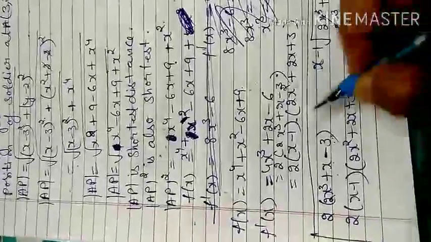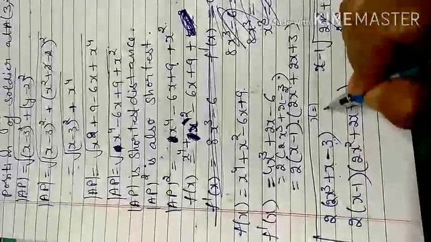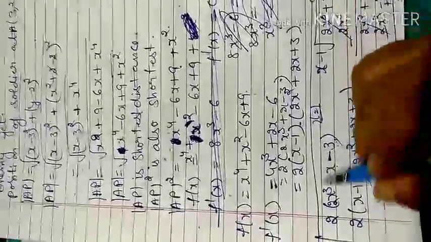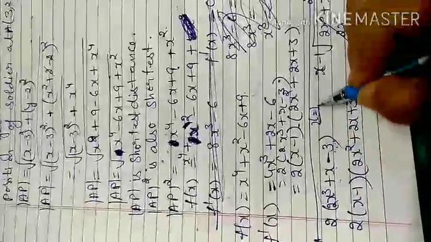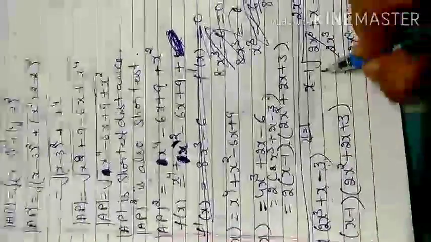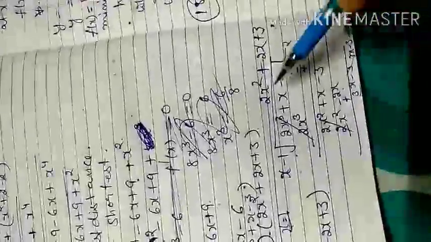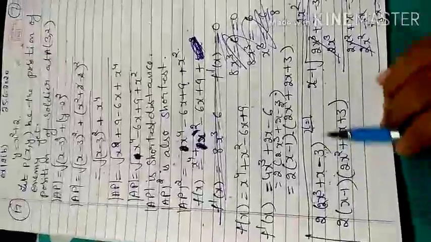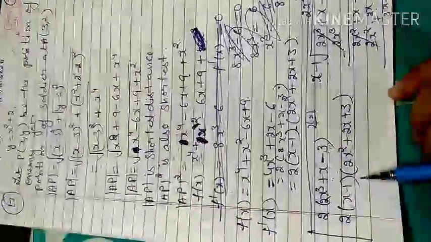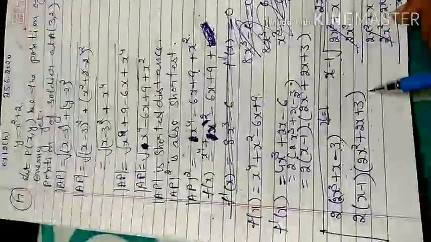So x equals 1 is a root, which means x minus 1 is a factor of this equation. Now you divide this equation by x minus 1. We get the quotient 2x square plus 2x plus 3. So the factors of this equation are (x minus 1) and (2x square plus 2x plus 3).